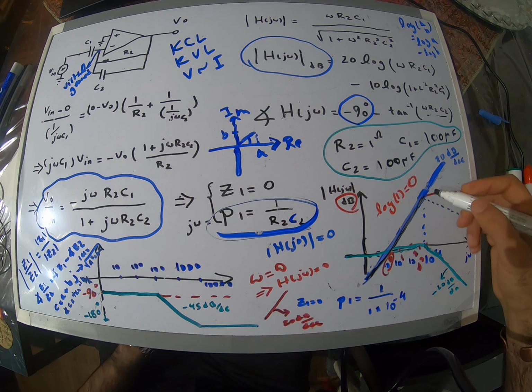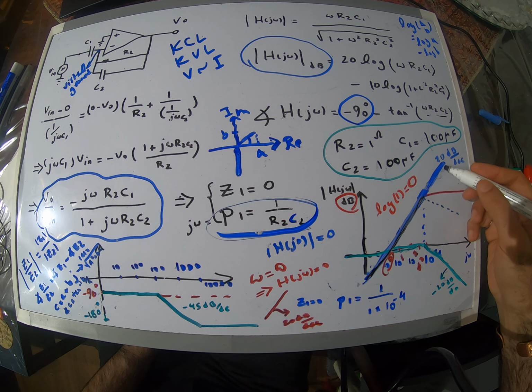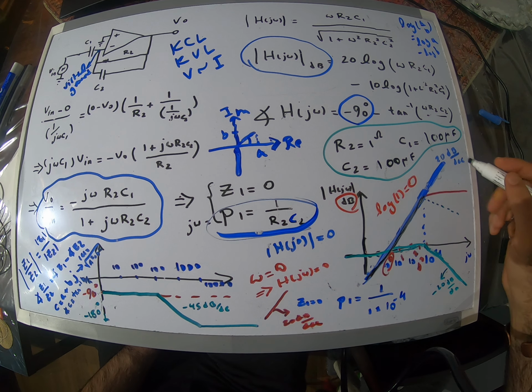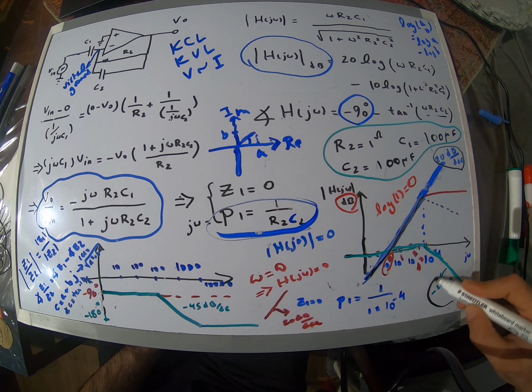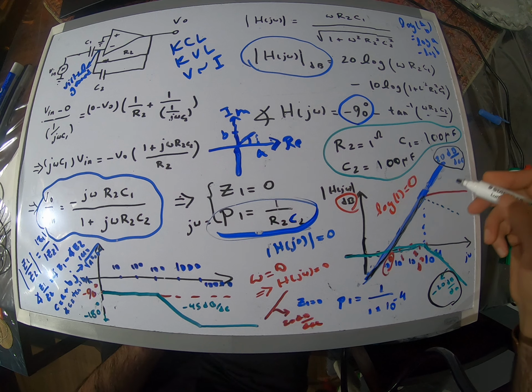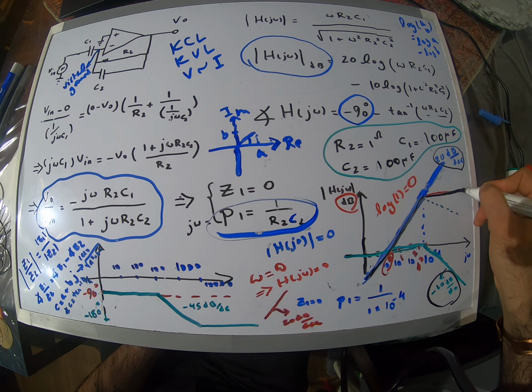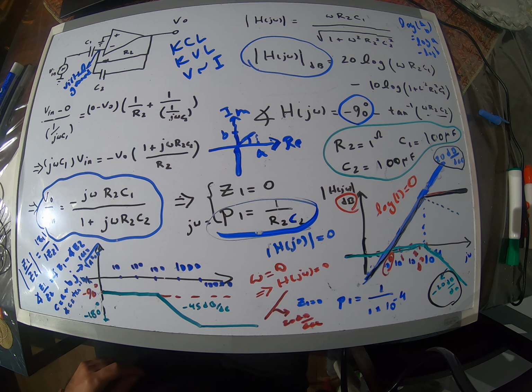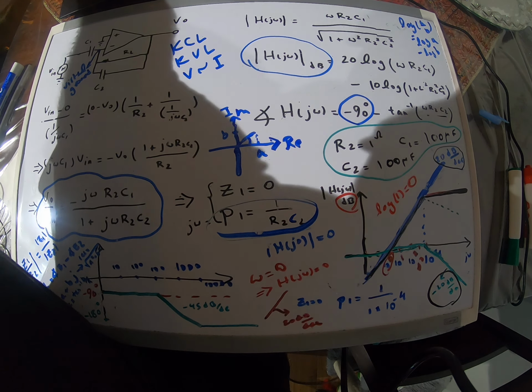After this point, our 0 wants to increase the magnitude at the rate of 20 dB per decade, and our pole wants to reduce the magnitude at the rate of 20 dB per decade. So these two would cancel out each other.